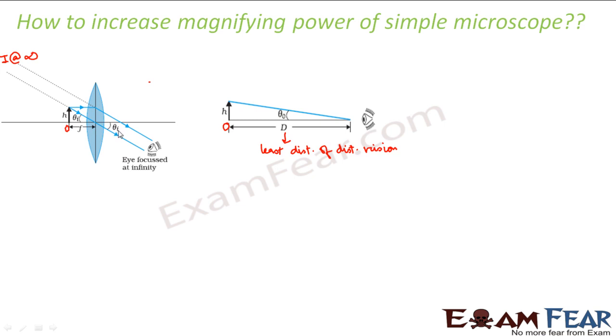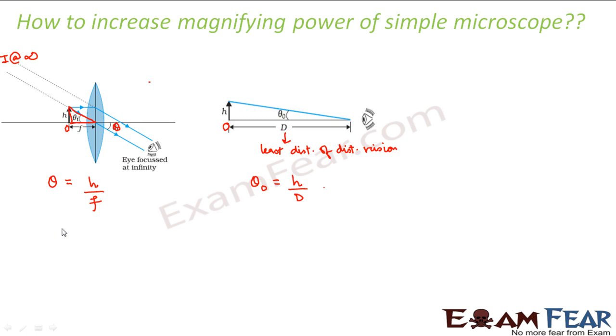Since we are dealing with small angles, instead of tan theta we can write theta, which is equal to h by f. If you look at this triangle, theta is equal to h by f. And theta naught in this case will be nothing but h by D.